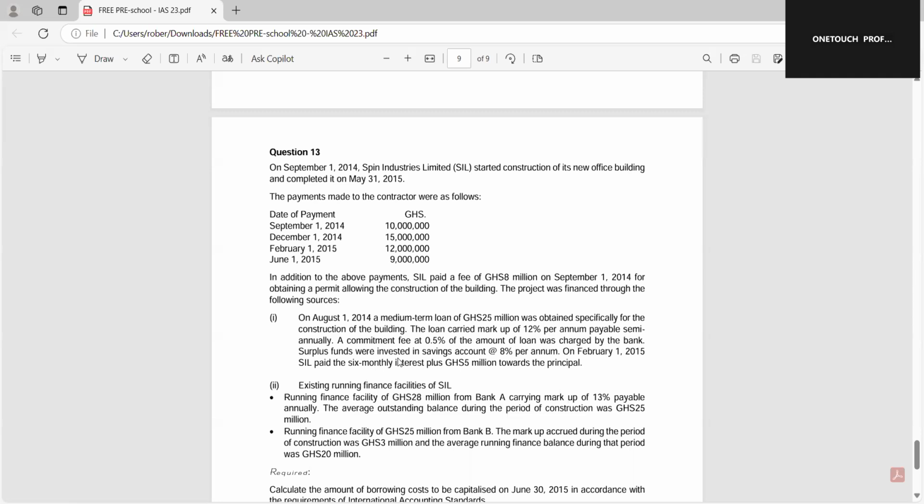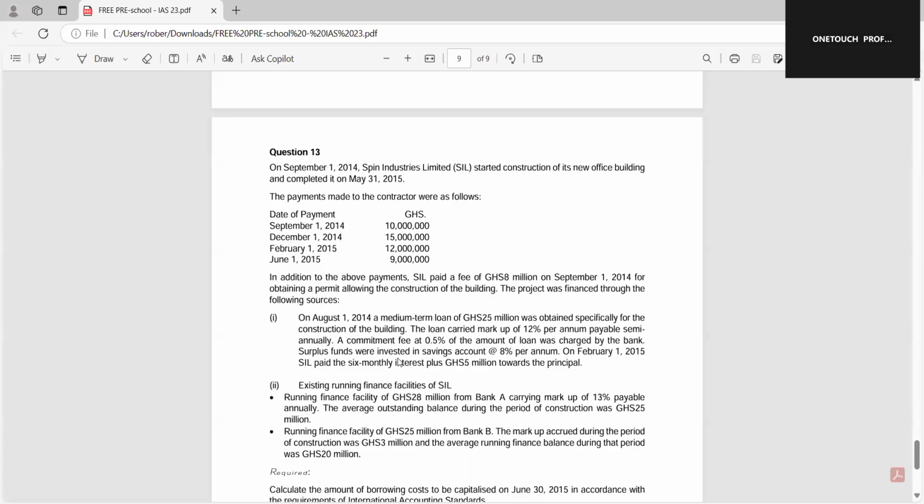Because in the previous ones that we were doing, the markup accrued during the period of consortium was 3 million. They didn't say that the markup for the year is 3 million. They said that the markup accrued during the period of construction is 3 million.